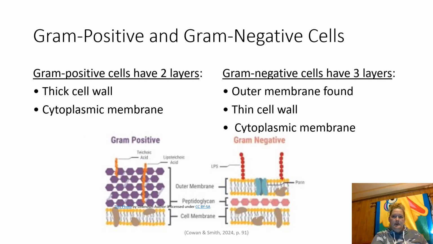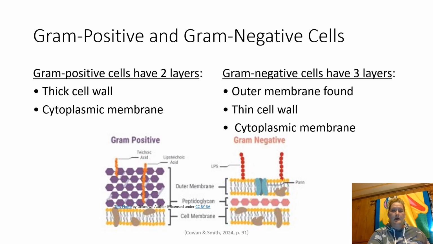In gram-positive and gram-negative cells, gram-negative cells have three layers. That's where the outer membrane is found, with the thin cell wall and the cytoplasmic membrane. You've got the outer membrane, the thin cell wall, and then the cytoplasmic membrane.